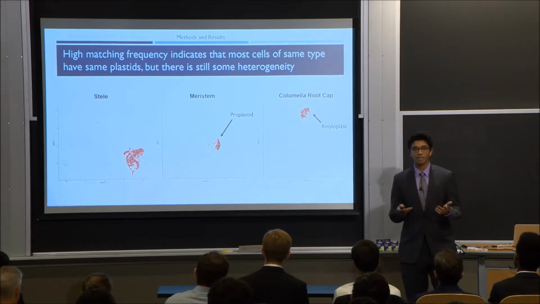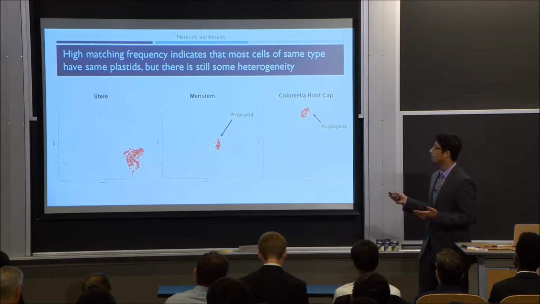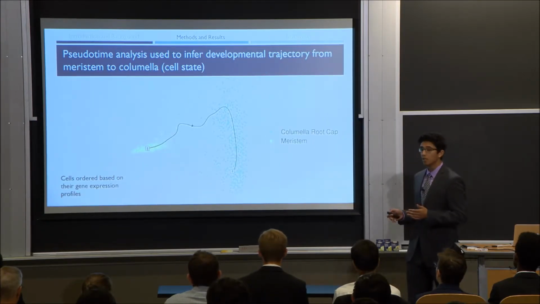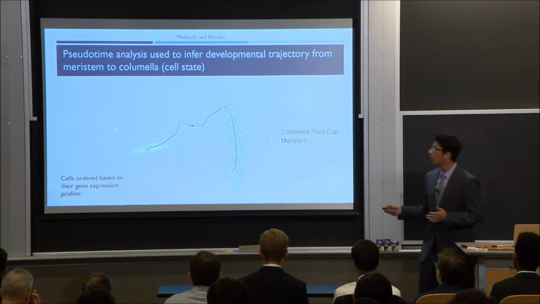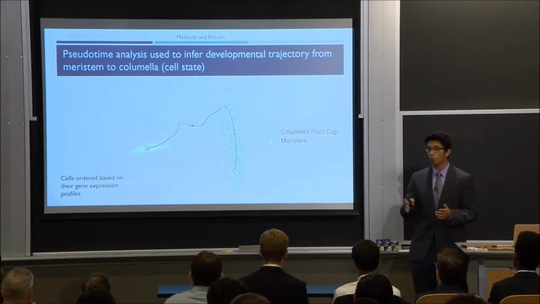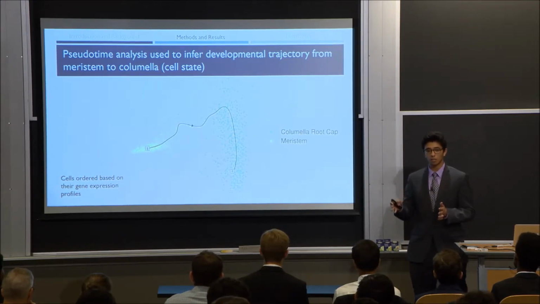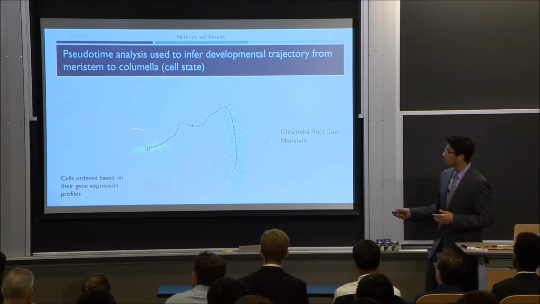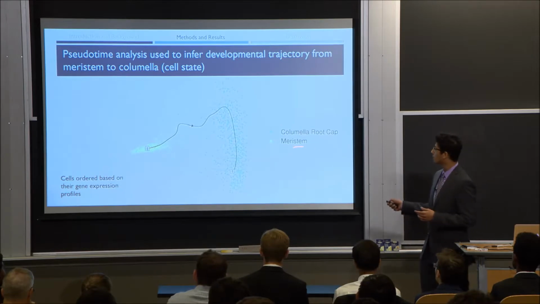So now that we have plastid state defined, how can we define cell state? We can use a method called pseudo-time analysis, where basically cells are ordered based on their gene expression profiles. So basically, we did this pseudo-time analysis based only on non-plastid genes, so as to define cell state independent of plastid state. And what we get is these undifferentiated cells, which are the meristematic cells.